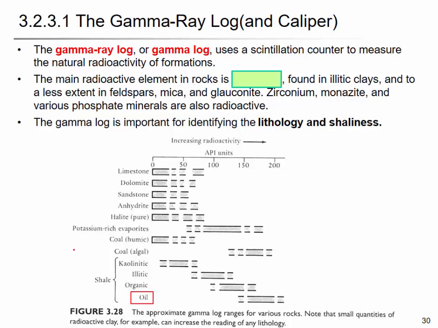In geologic formations, potassium is the main source of the radioactivity, and that's found in illitic clay. So illite has potassium ion, and that potassium ion can give you the radioactivity. To a lesser extent, you can find it in feldspar, mica, and others. Gamma ray log is important for identifying the lithology and shaliness.